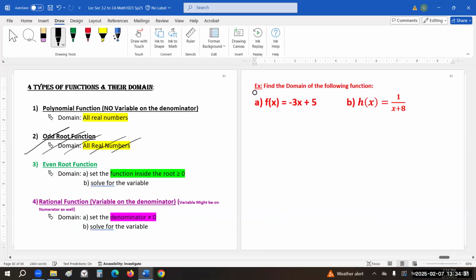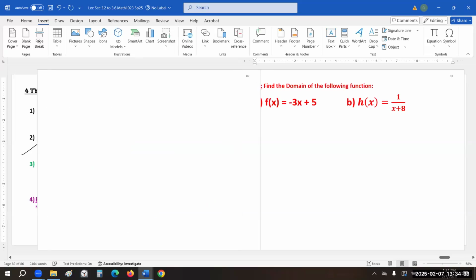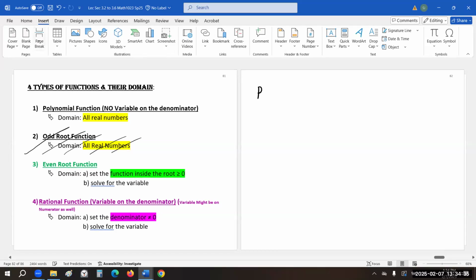So polynomial. Let me give you a little detail about polynomials. Polynomials are those functions that have no variable in the denominator.